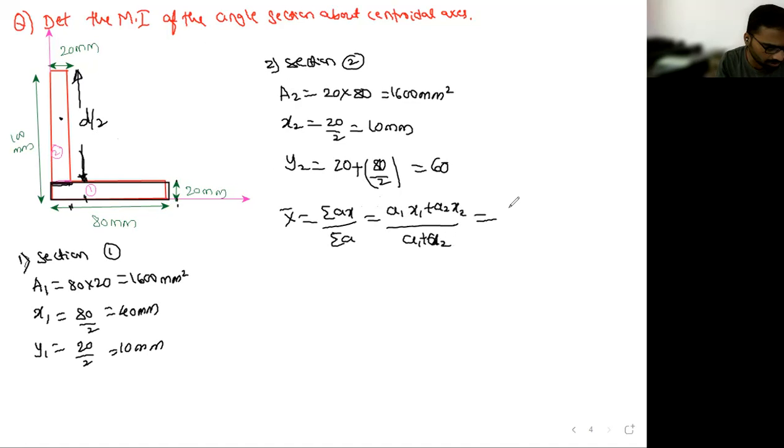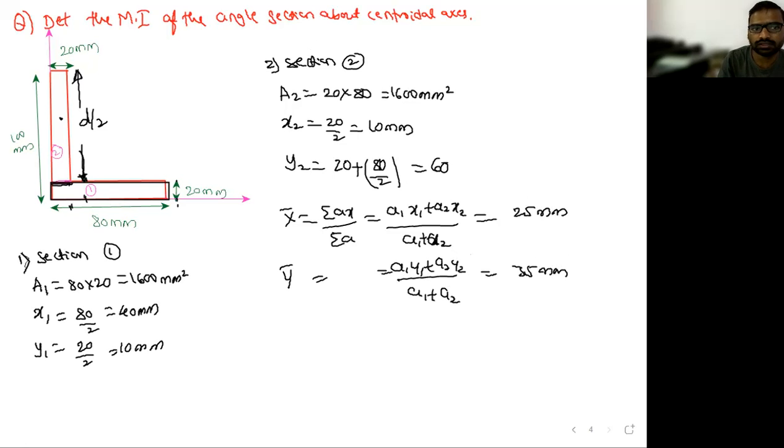After substituting, I get 25 mm. Then y bar is the same: a1 y1 plus a2 y2 divided by a1 plus a2. After substituting, I get 35 mm. Is it understood, everyone?